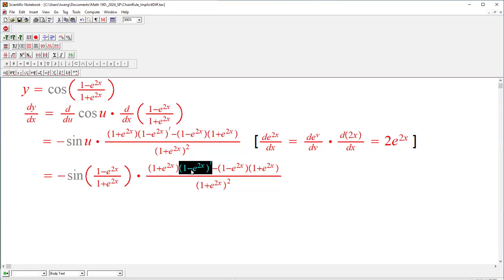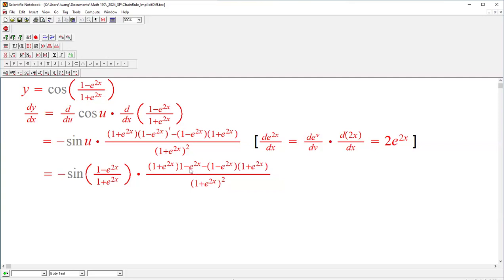The derivative of negative e to the power 2x: the derivative of e to the power 2x is 2 times e to the power 2x. So that part will be replaced by negative 2 times e to the power 2x. It should be in parentheses. So the derivative of this piece equals negative 2 e to the power 2x.